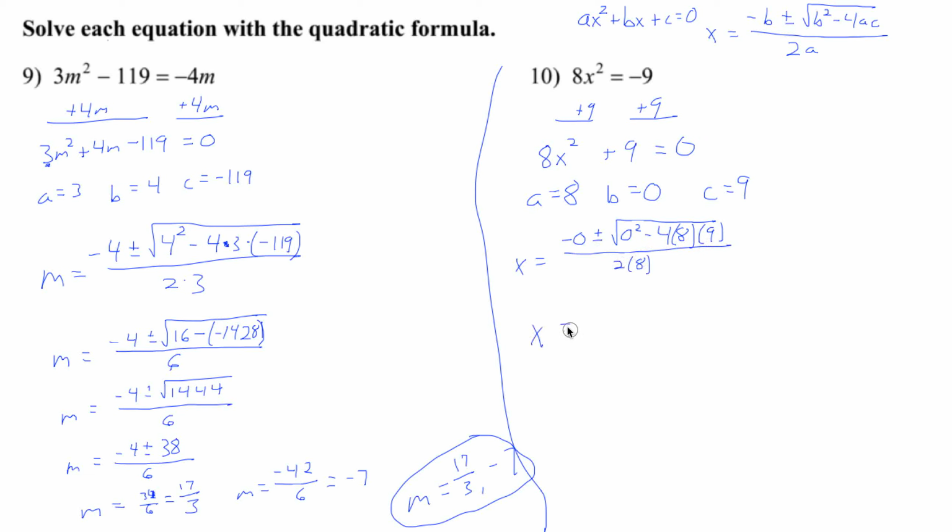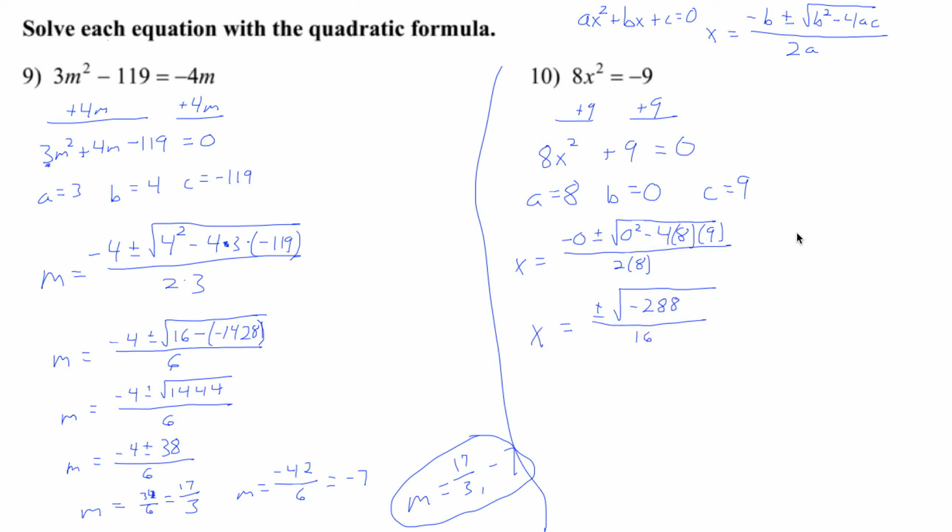So x equals negative 0, which is 0, plus or minus the square root of 0 squared, which is 0, minus 4 times 8 times 9, which is 288, so negative 288, all over 16.